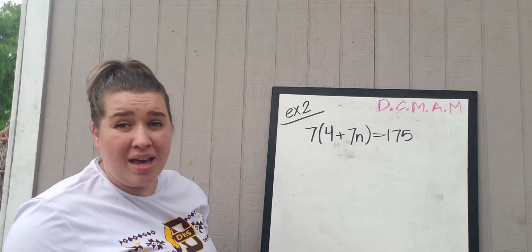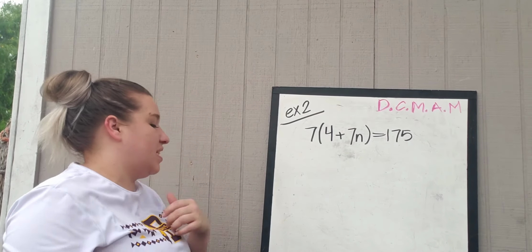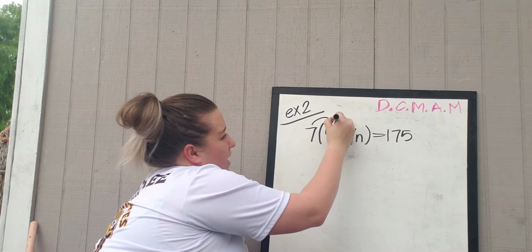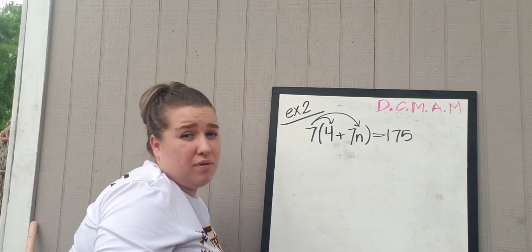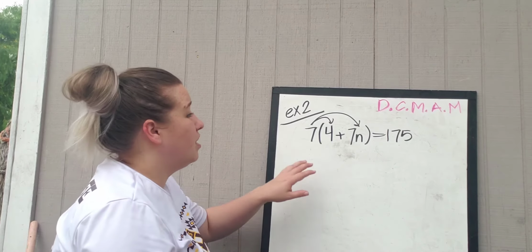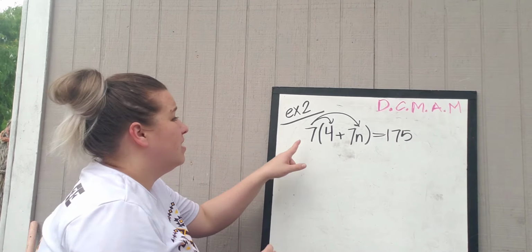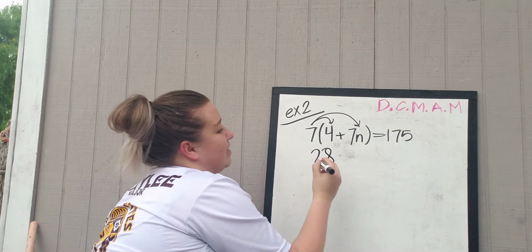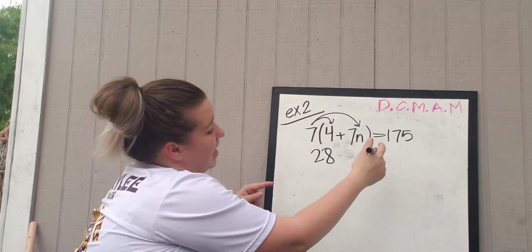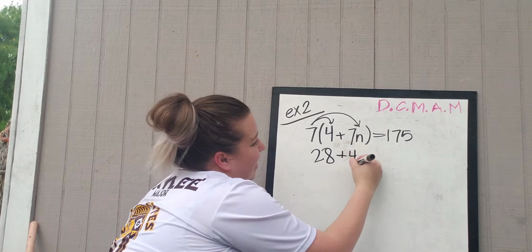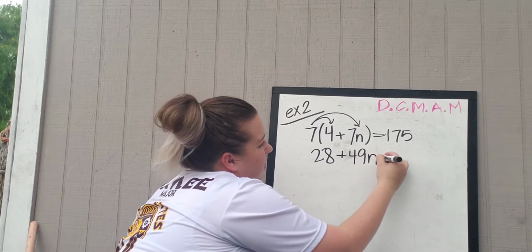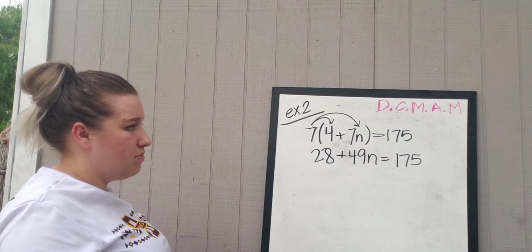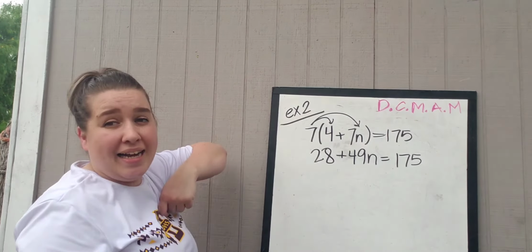Let's hope that my math keeps up with me because I really should have worked these out to have these numbers ready. First step, distribute, because we have parentheses. If you have parentheses, you have to distribute, which is multiplying. 7 times 4, 28. 7 times 7, 49. And our 175 stays.